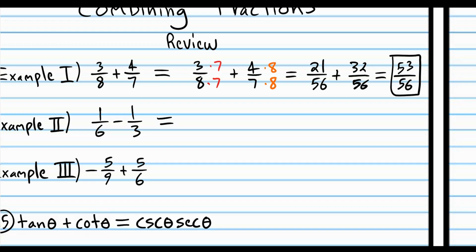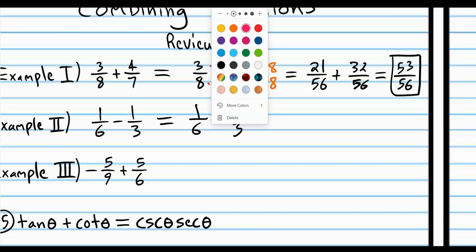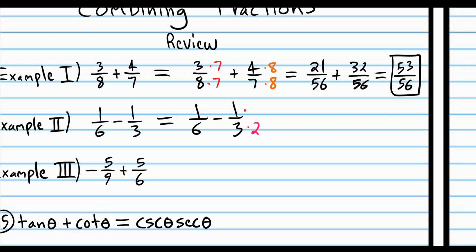So in this case, we only have to change the form of one fraction, multiply both sides of the second fraction by 2, and we get 1/6 minus 2/6 is negative 1/6. So in that case, we got a negative fraction.